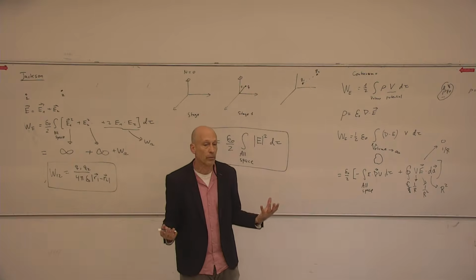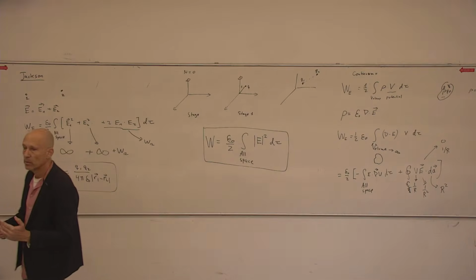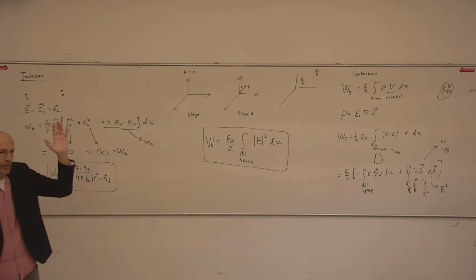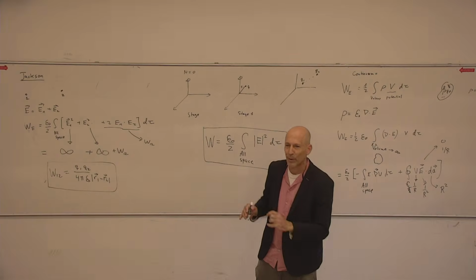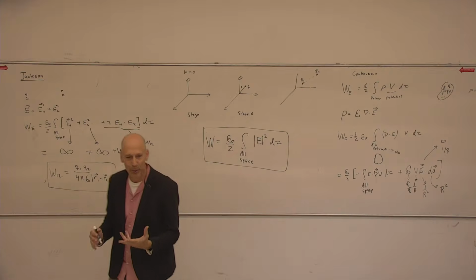So the fact that there was infinity is not so important. This is just a reformulation of something that you know, that what you really care about is the energy differences between two states. You can call it plus infinity, you don't care about it. It's not that you need to go back home and worry too much about this infinity. It's not so bad. You can live with it.